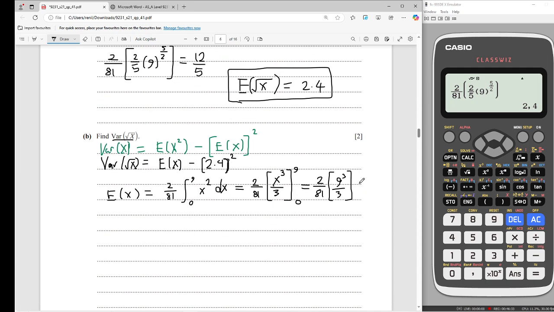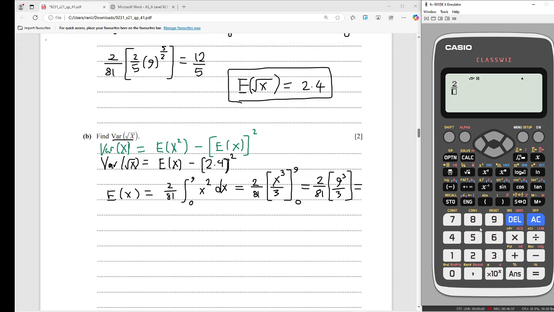Let's calculate this value: 2 by 81, bracket 9 to the power 3, divide this by 3, and this is going to be our E of x, which is exactly 6.